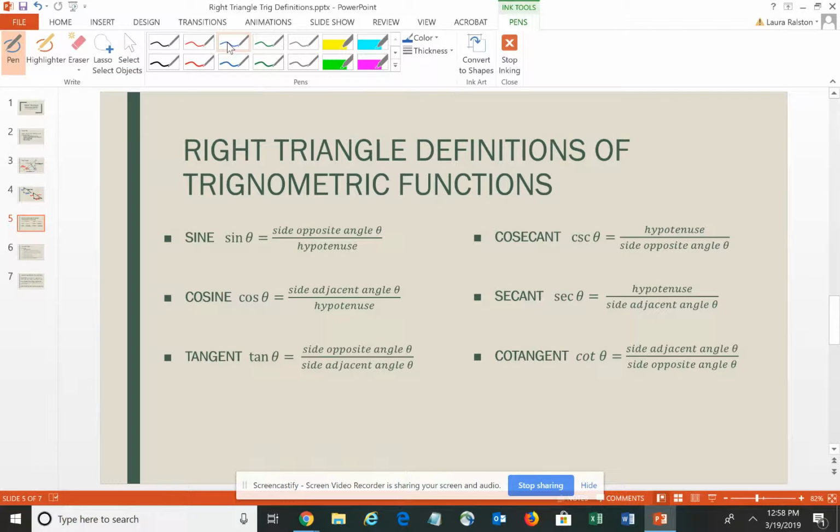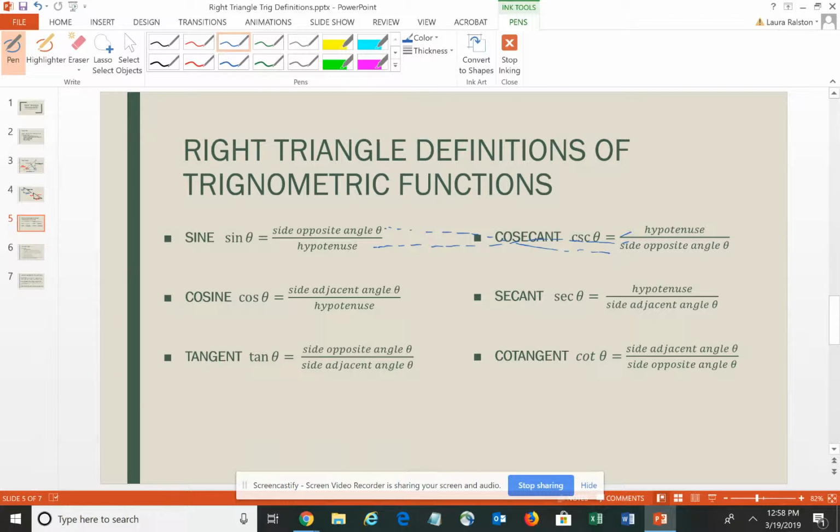Notice that with sine and cosecant, for sine, the opposite side is on the top, and in cosecant, it's on the bottom. And the hypotenuse is in the denominator for sine, but it's in the numerator for the cosecant. Basically, it's a flip.